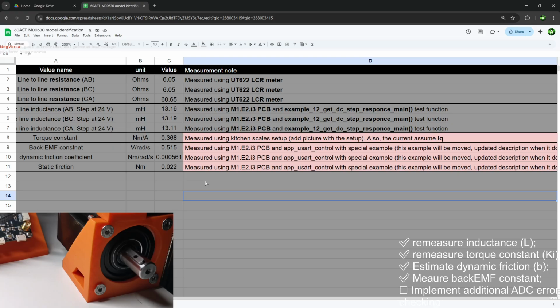Friction, KE, KT, resistance, inductance. I'd say this is it. So we actually measured everything in like an hour and a half. Hooray! That was way smoother than usual.